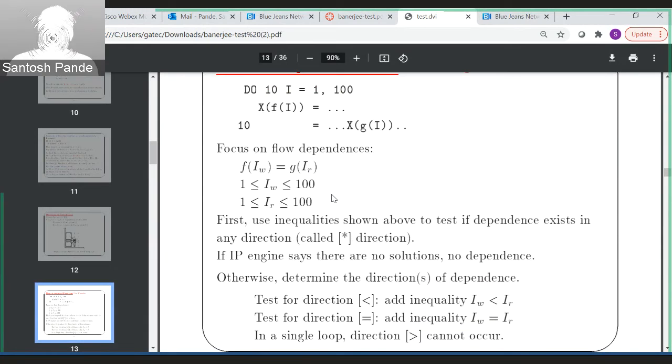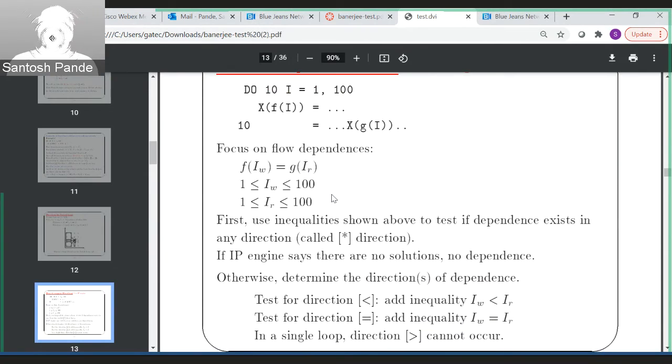For example, if we had to solve the dependence problem for this loop nest, without caring much about the dependence direction, we could have just simply done f of iw is equal to g of ir using rewrites, and put in the additional constraints that iw and ir are both within the loop bounds.